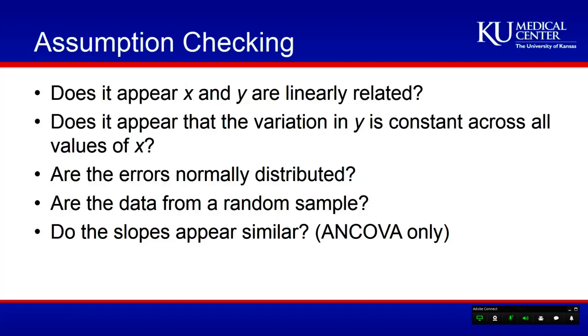That's the first assumption. The second assumption is whether or not the variation in the outcome is constant across all values of X. So an example of that in analysis of variance, ANOVA, which is simple linear regression, we saw last week, where we saw one group had a box plot that was very short, another group had a box plot that was very spread out. That's unequal variances.